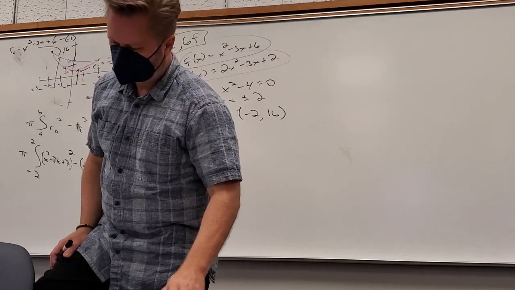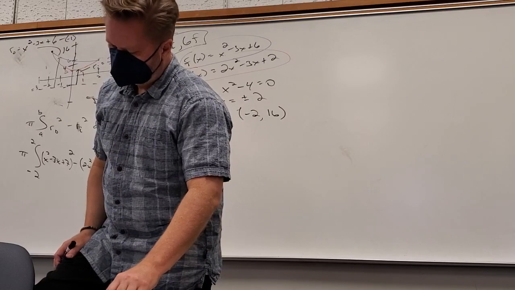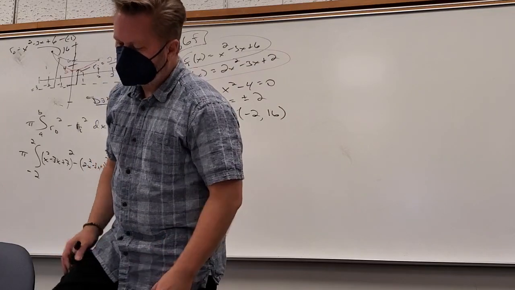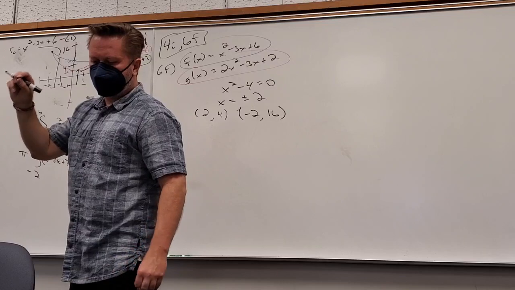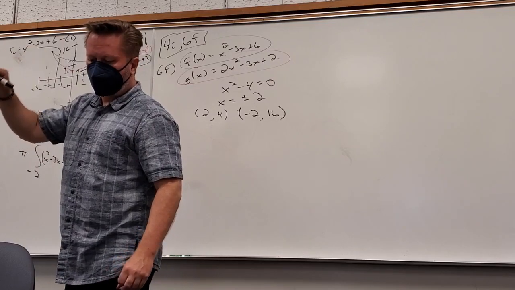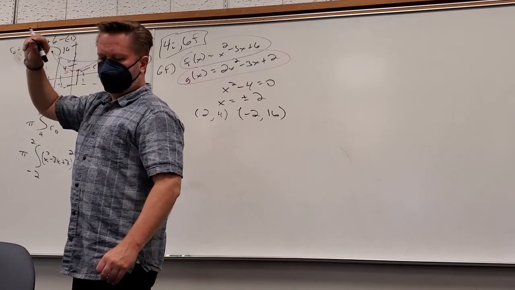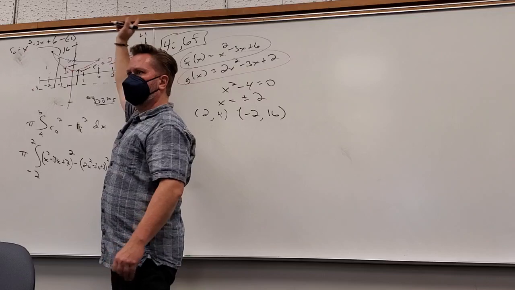For 6, if 6A says the bounds are 2 to 4, do we just disregard that? Because the bounds here are 2. No, I really want you to understand. 6F says specifically rotating the region between these functions. 6A says, because these functions don't just stop here, they keep going.